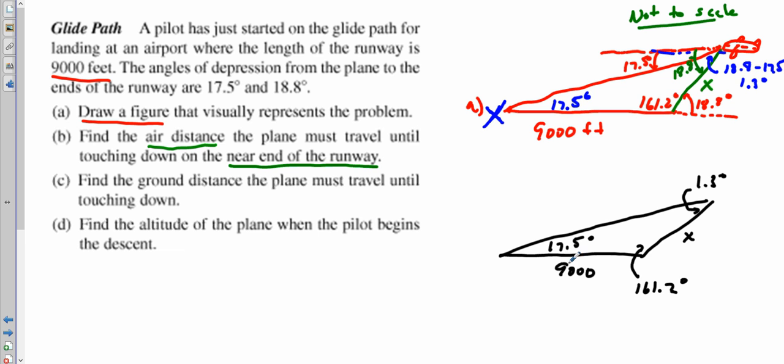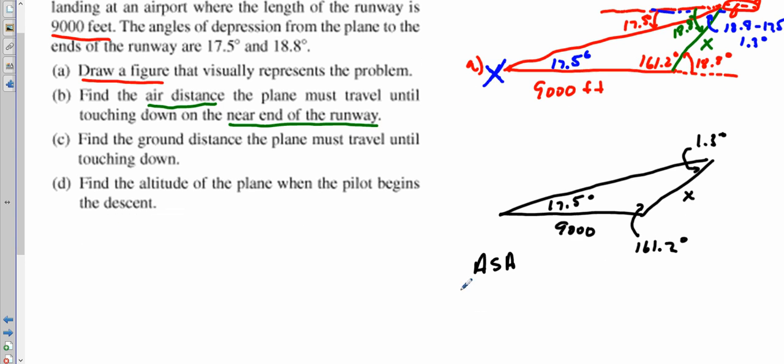Since we're given an angle, side, angle, we can use the law of sines. The hardest part when you're doing these problems is really the setup and figuring out all the different angles.